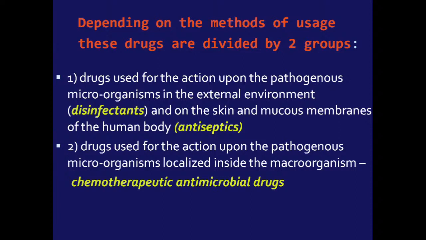These drugs are not introduced inside the microorganism. And the second group, these are agents introduced exactly into the microorganism with the purpose to kill pathogenous microorganisms, called chemotherapeutic antimicrobial drugs.